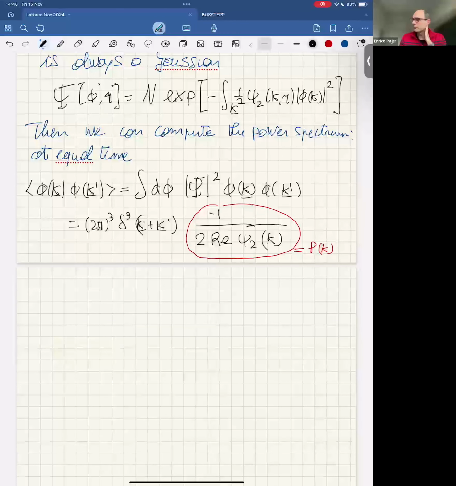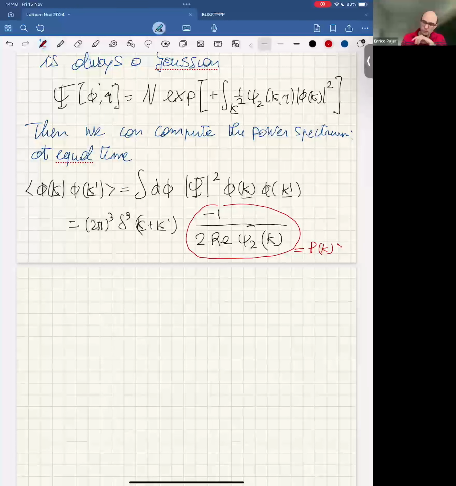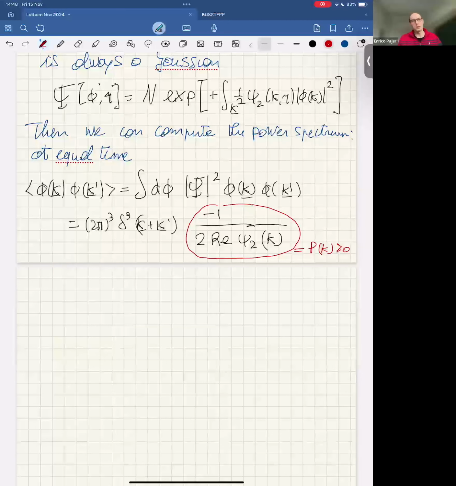And if I got my conventions right, my convention is that this is a plus, and the result is minus 1. Okay, this is my convention. And you can see that if the Gaussian is actually coming down, then this power spectrum is always positive. So when the wave function is normalizable, it gives me a positive power spectrum, which is what it should be, because the power spectrum is the expectation value of something squared.